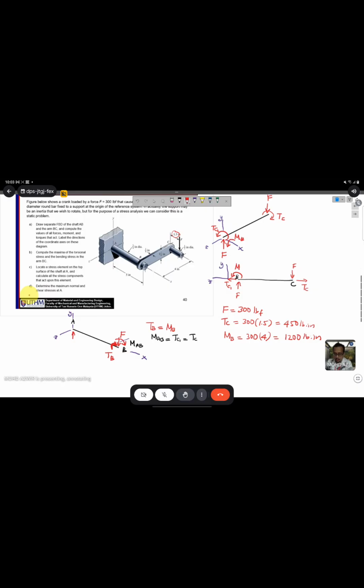So we have F here, and then this one MAB. And then we have torsion here. This one is clockwise direction. If you look at the x-axis, this one will be counterclockwise direction.